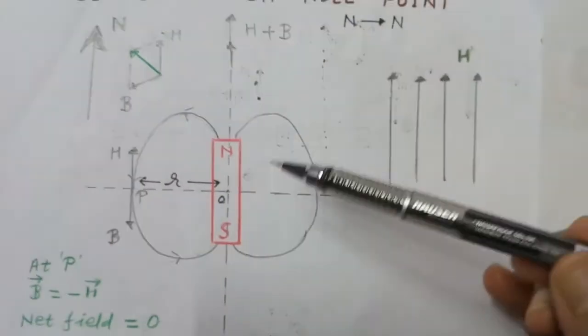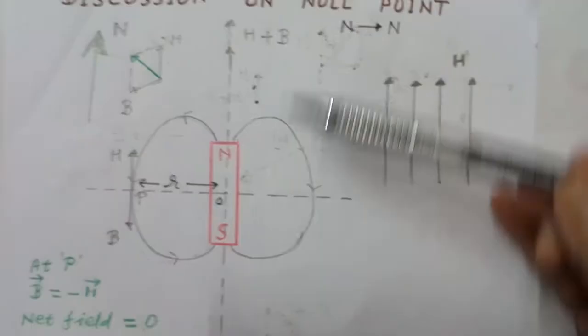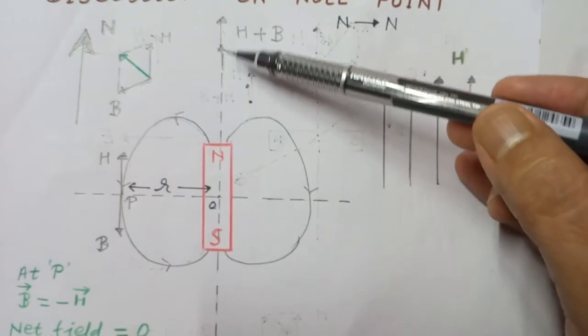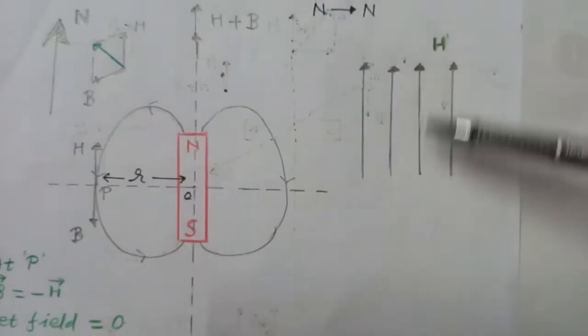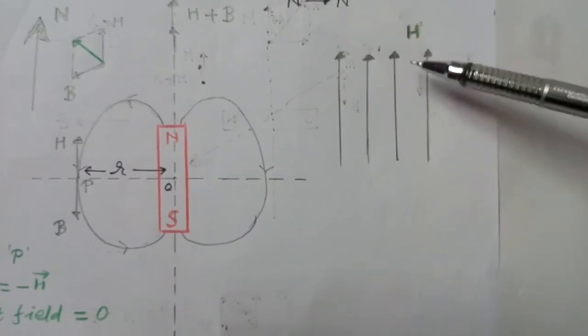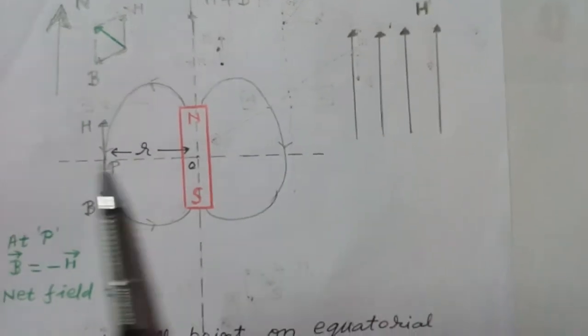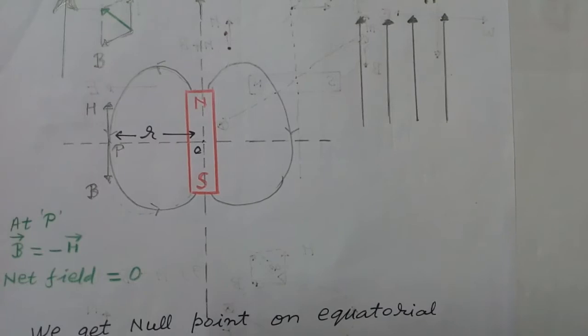Now when we keep the north pole of the magnet towards the north direction on axial position, field lines due to earth and field lines due to magnet add up because they are in the same direction. These parallel lines are magnetic field lines due to the horizontal component of the earth. Now on equatorial position we get null point.